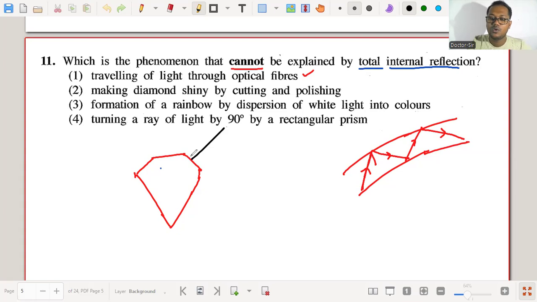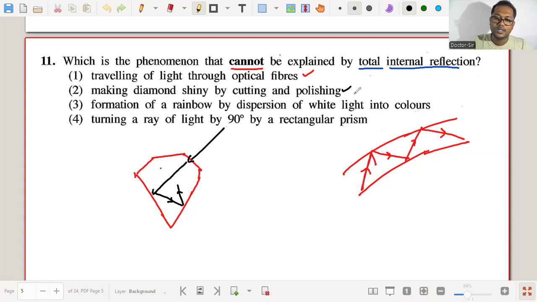Why that? If light rays enter the diamond, they are internally reflected, which makes the brightness and shininess. So this is due to total internal reflection. This can also be explained by that phenomenon.